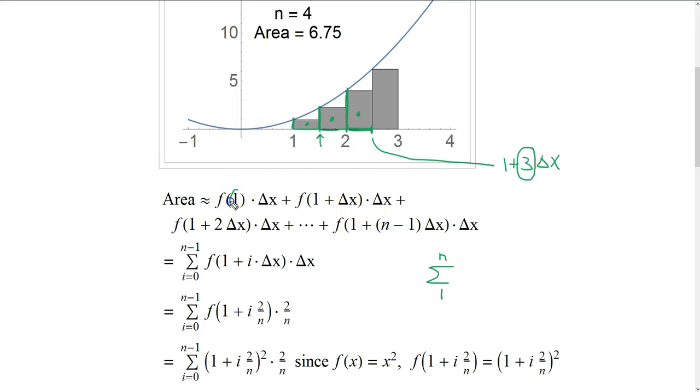You see right here that f of 1 is the same as 1 plus 0 times delta x. So my indexing variable starts at 0, and it goes to n minus 1 times delta x. And so we can represent this quantity using this summation notation right here.